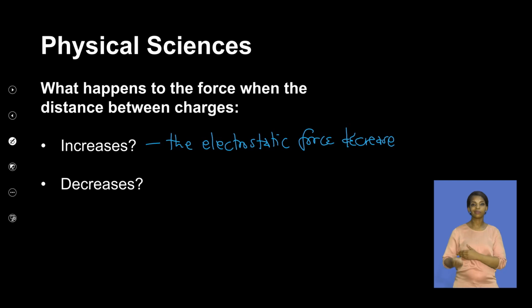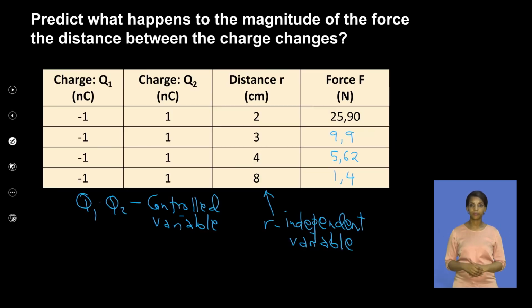But if we decrease the distance, so it means if we go back here, moving upwards from 8 centimeters to 2 centimeters, what is happening to distance? Distance is actually getting shorter and shorter. What's happening to the magnitude of the electrostatic force? It's increasing.